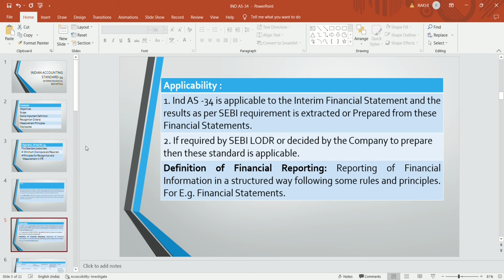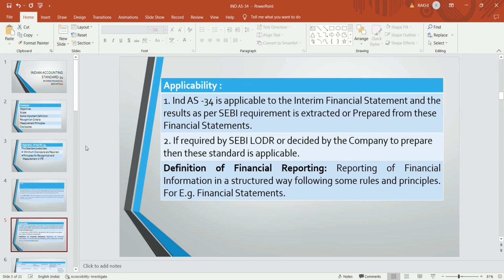If it is required by SEBI LODR or decided by the company to prepare, this standard is applicable. Means if the IFR is required by SEBI LODR or the company itself decides to prepare interim financial statements, then they have to follow this standard.